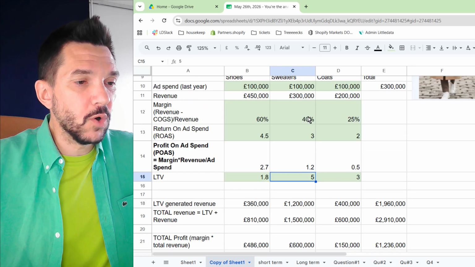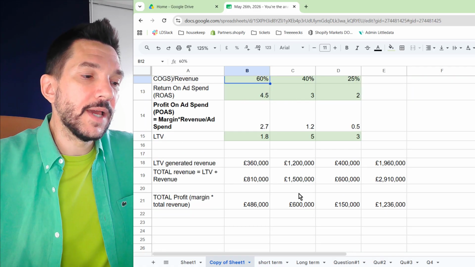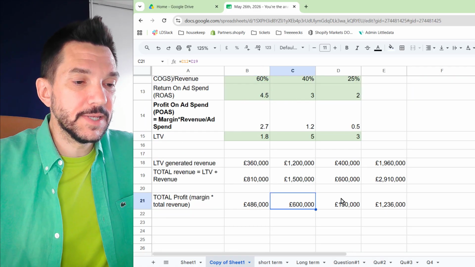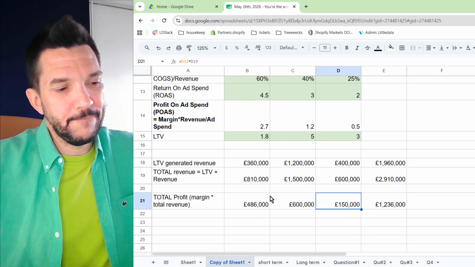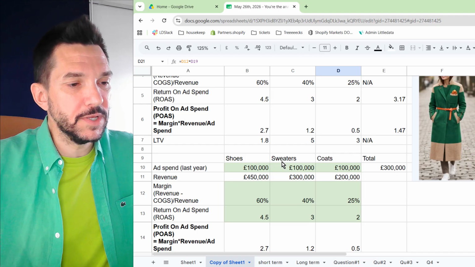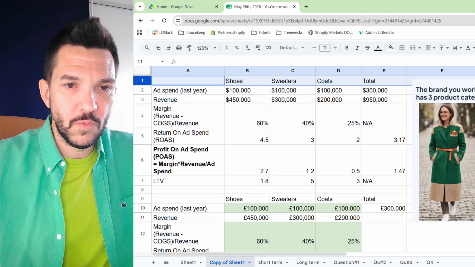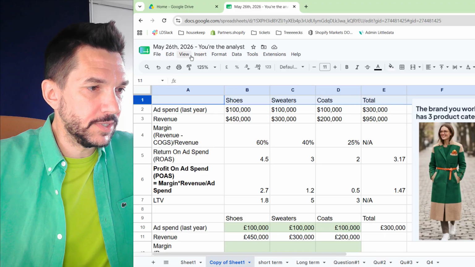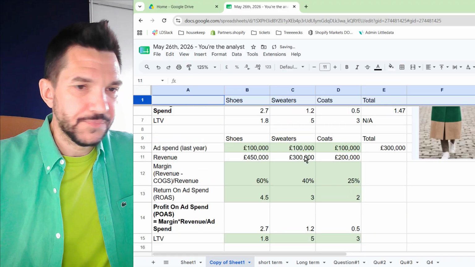And since we have also the margin percentage here in a separate row, we can calculate the total profit that's coming up from each one of these product categories. Now let me freeze the top row here so we have a better understanding of where it is. Yeah, here it is. Okay.